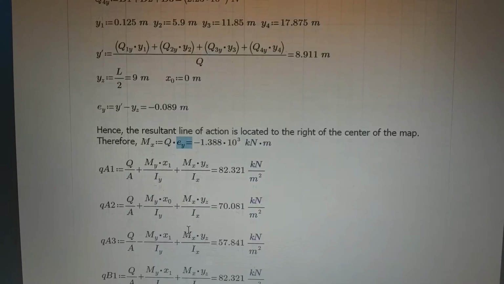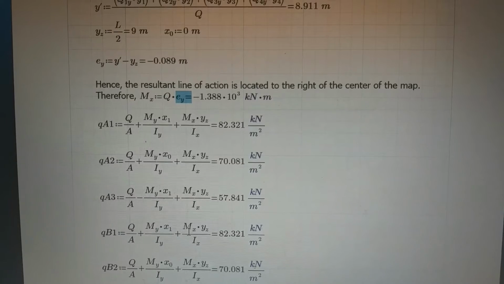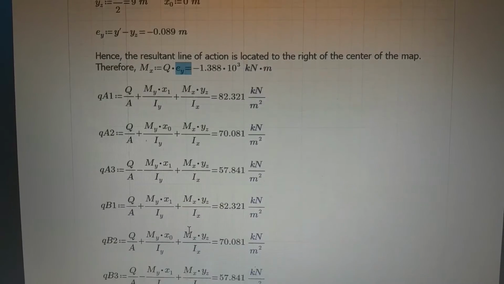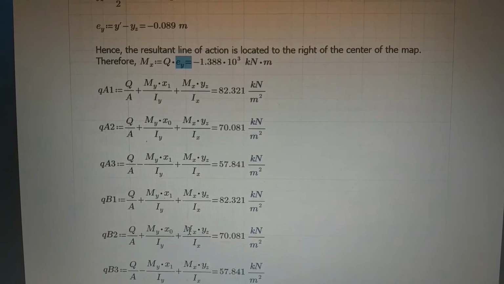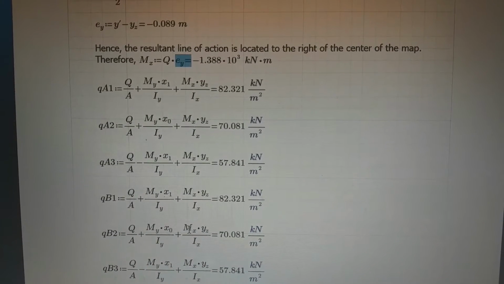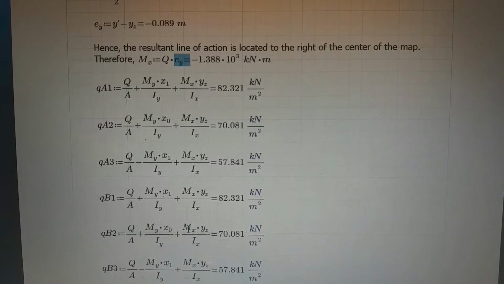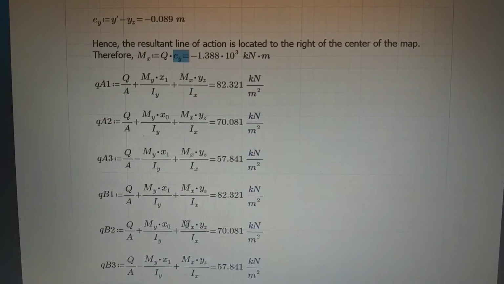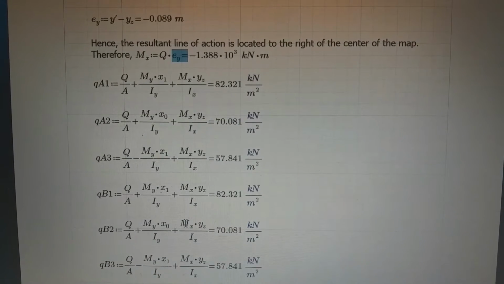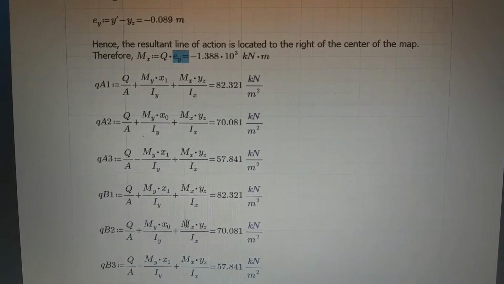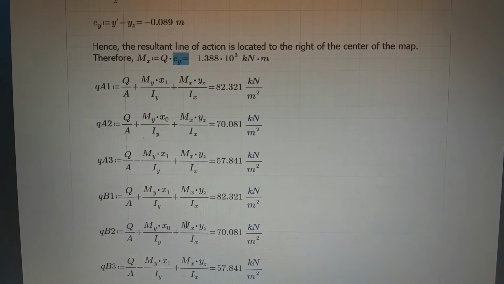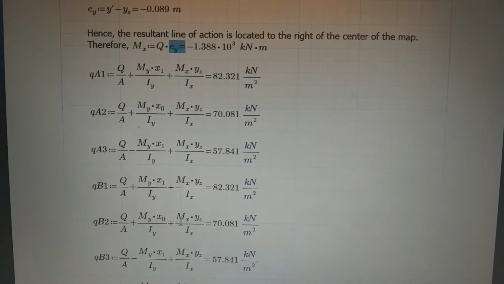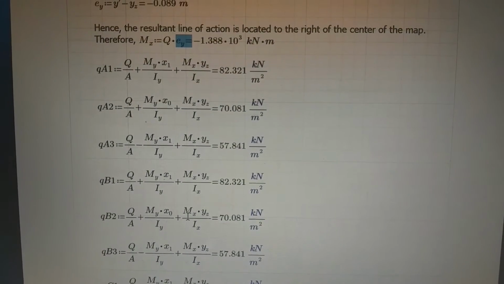And then from there we can calculate the soil pressure for each column by taking the total load divided by the total area plus My times x1 for A1, for example, divided by the moment of inertia Iy, plus Mx times y1 for A1 over Ix. This is particular because this is at column A1.